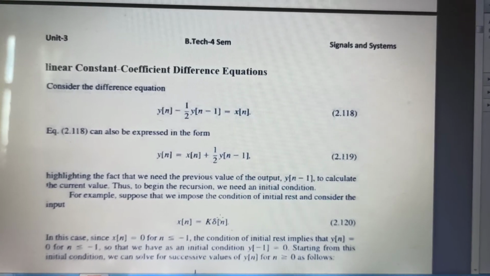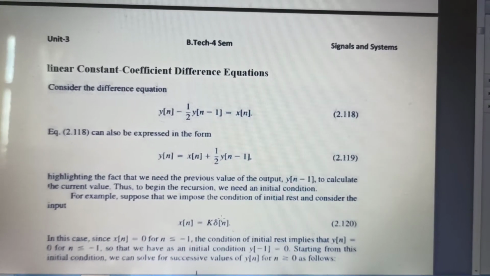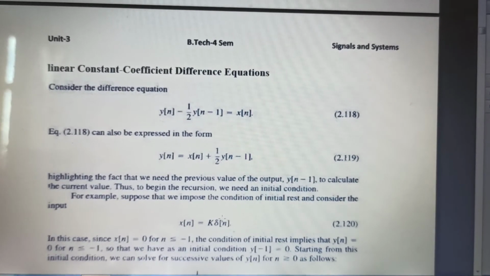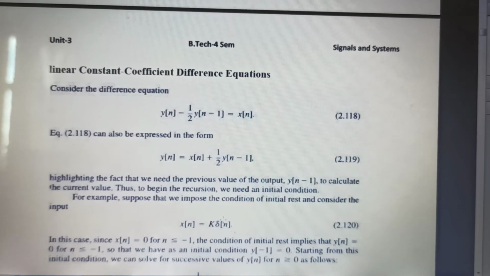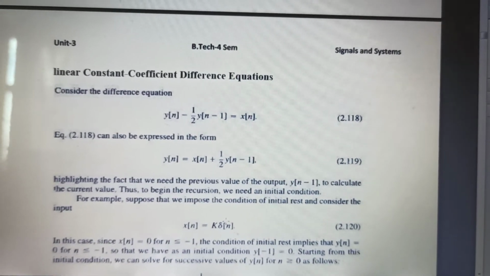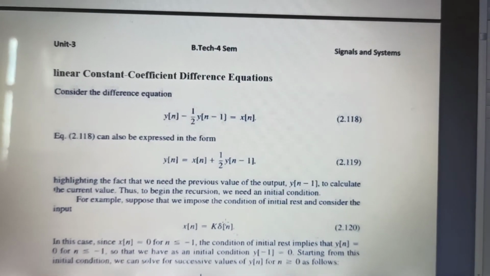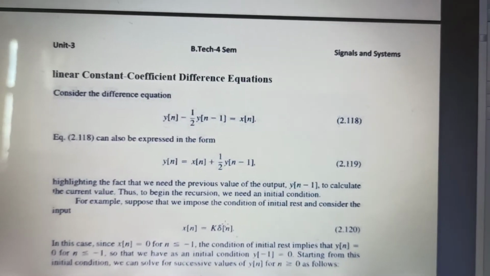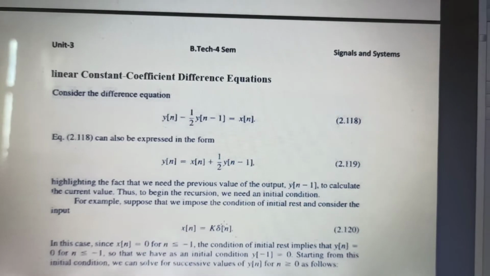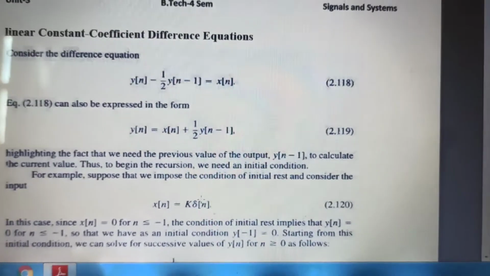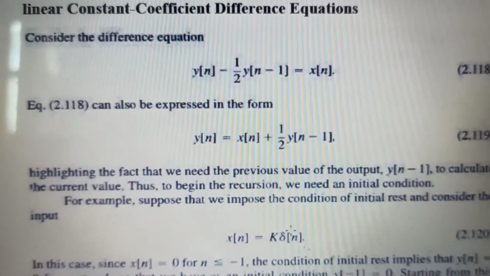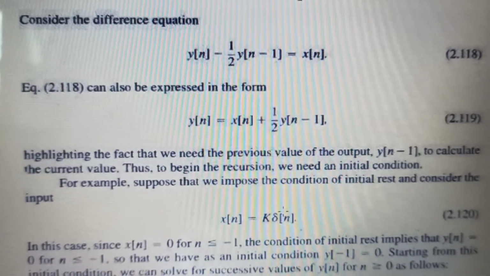For obtaining the response at time t equals to, for example, 2 seconds, either we will guess the initial value, that is termed as the initial guess. We will take it as 0, it can be 1, or from any practical data we will get that point.